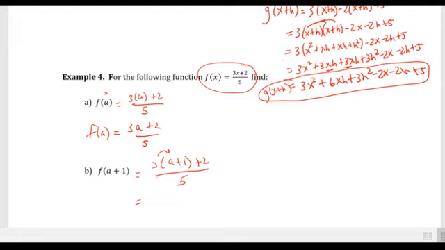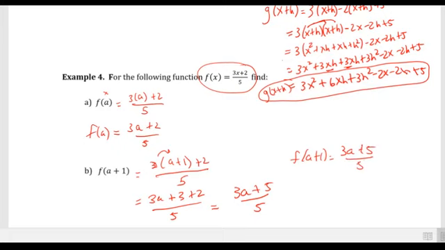We distribute the 3. So we get 3a plus 3 plus 2 divided by 5, which is 3a plus 5 divided by 5. So my answer here is f of a plus 1 is equal to 3a plus 5 divided by 5, or you can also write it as 3a divided by 5 plus 1. So either way would be fine.